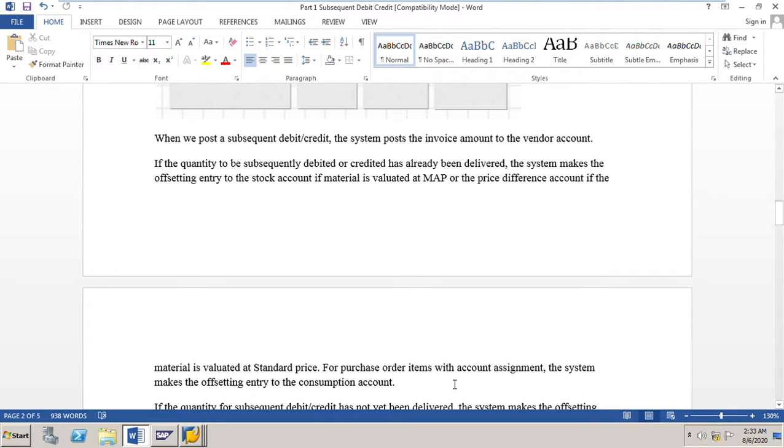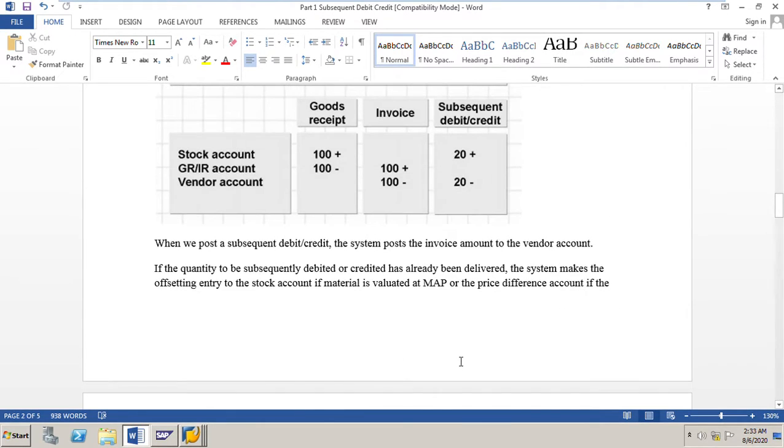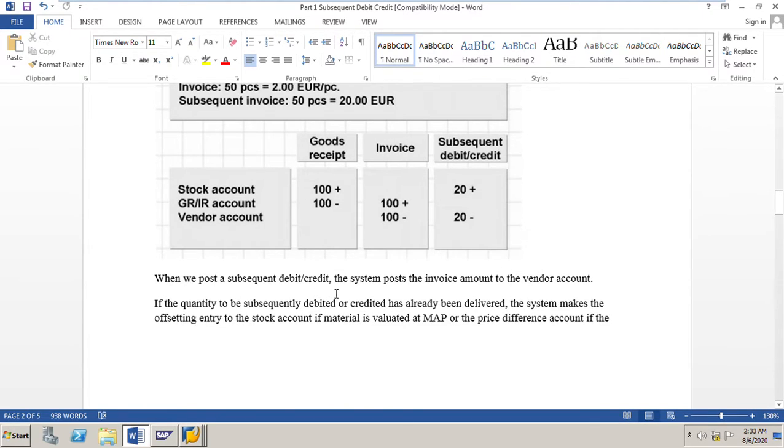For purchase order items with account assignment, the system makes the offsetting entry to the consumption account. So what I mean to say is, when we post a subsequent debit or credit, the system posts the extra amount to the vendor account, and it will also make the offsetting entry to the stock account.